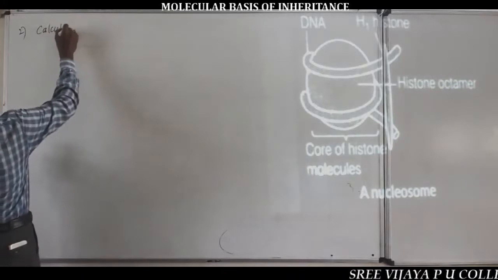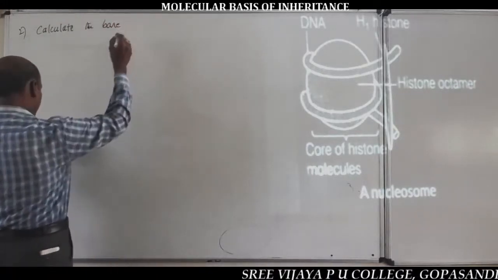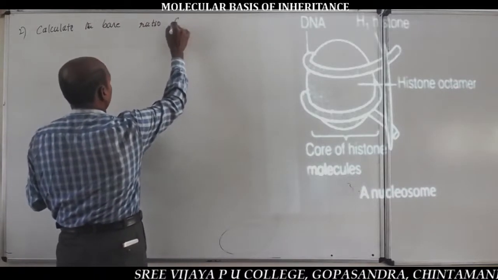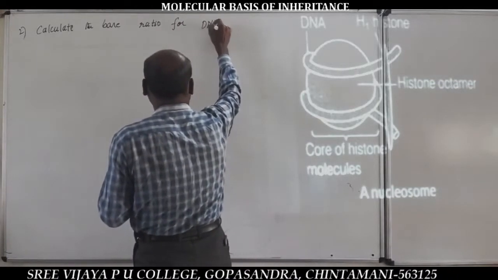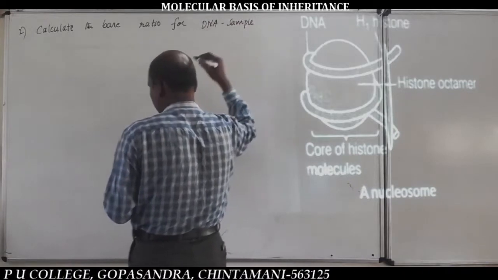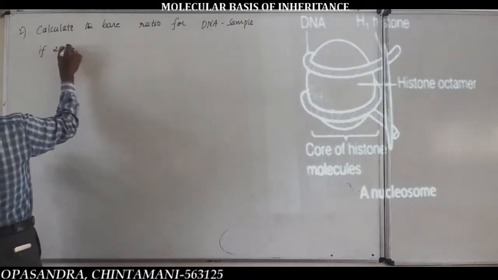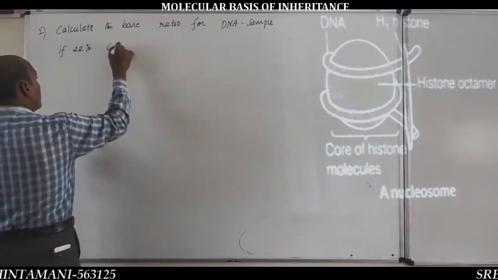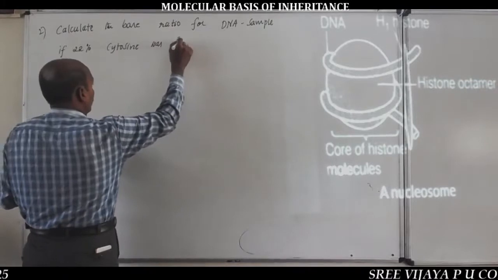Minor correction in the second problem: calculate the base ratio for a DNA sample if 22% cytosine was found.